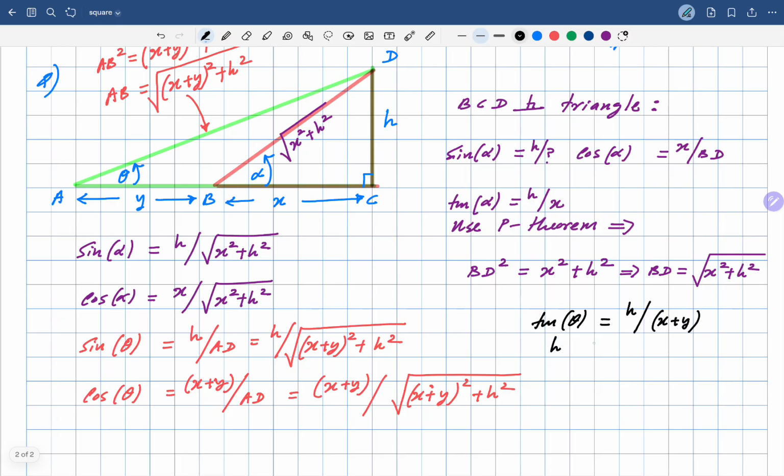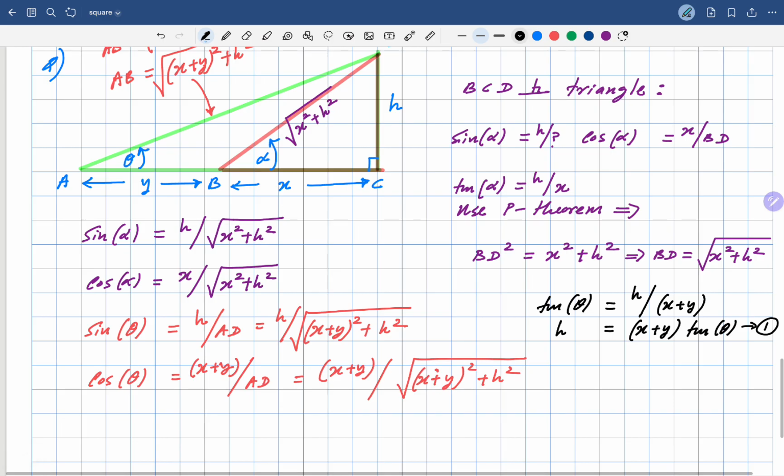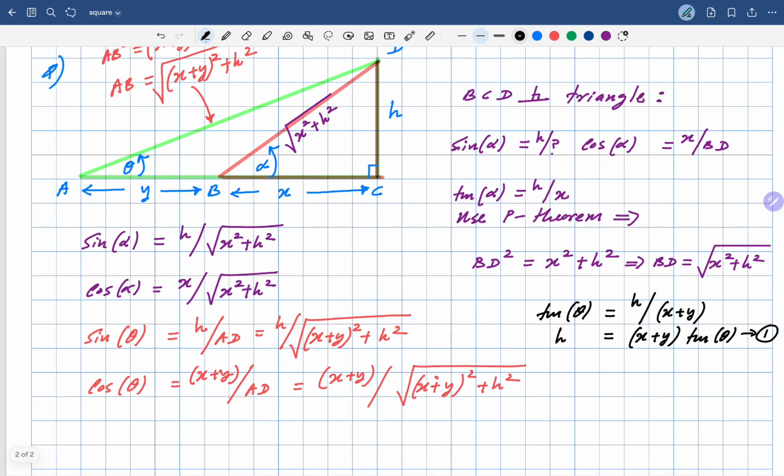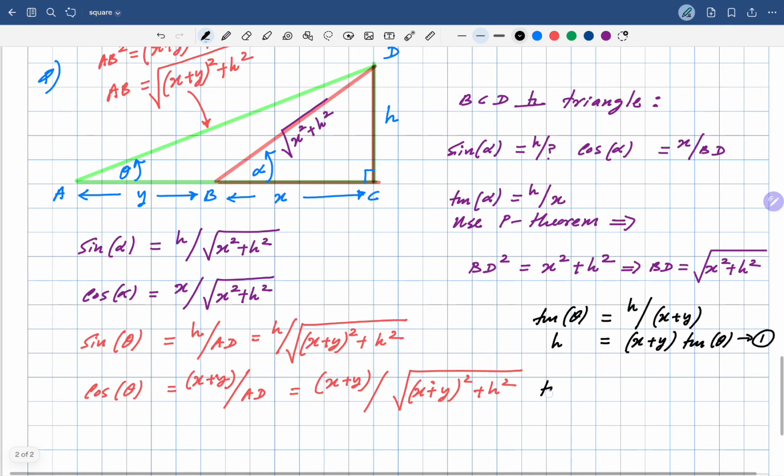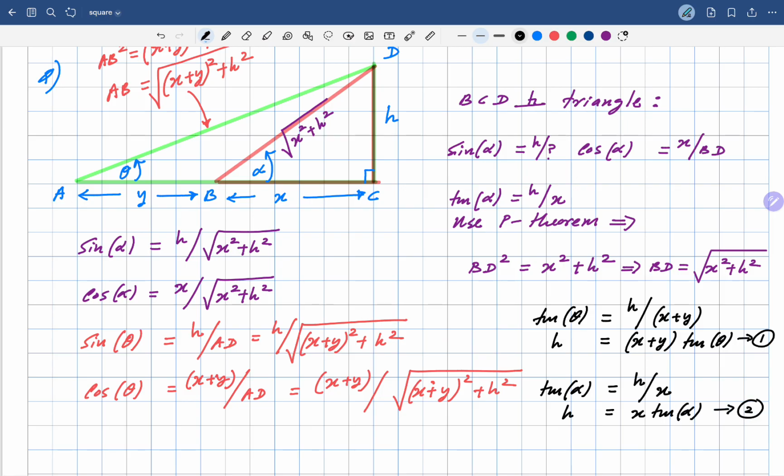From here you can make h the subject: h equals (x plus y) tan theta. This can be your first equation. Now we will use the tan concept for BCD. It's going to be tan alpha, which is h divided by x. So from here h is equal to x tan alpha, which is the second equation.